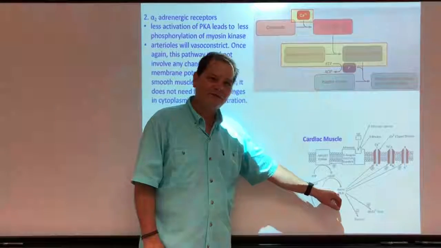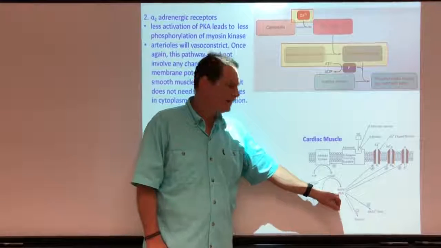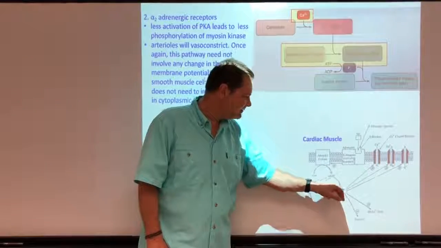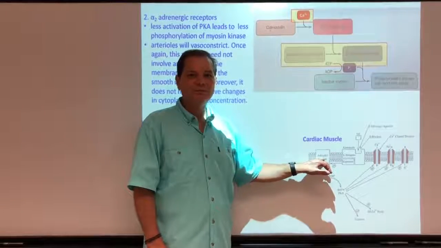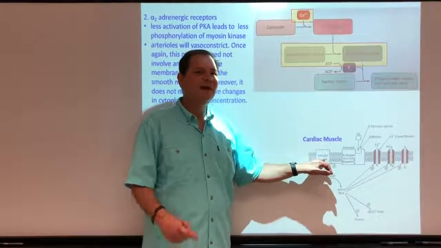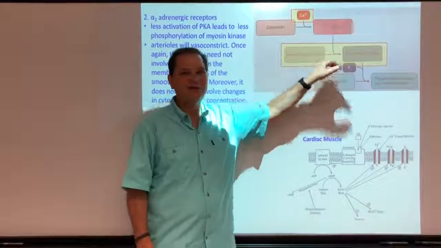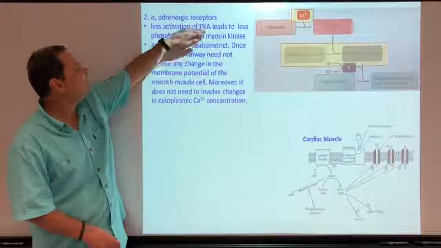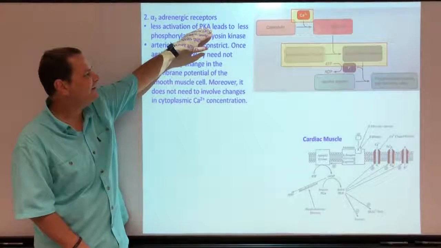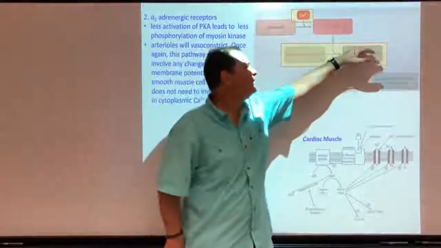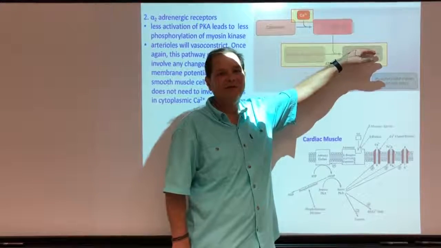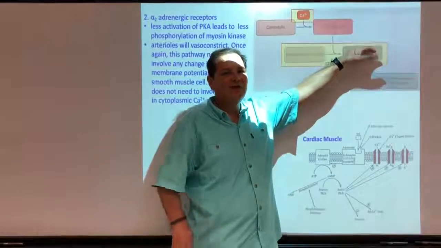They decrease activity of PKA. So this part of the chain is the same in smooth muscle, but the target for PKA is different. It's myosin light chain kinase. And if you decrease PKA activity, you will decrease phosphorylation of myosin light chain kinase.